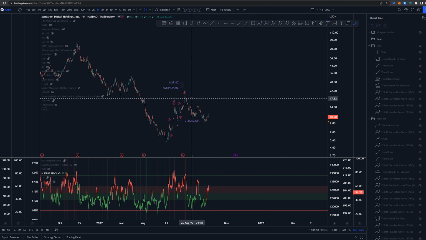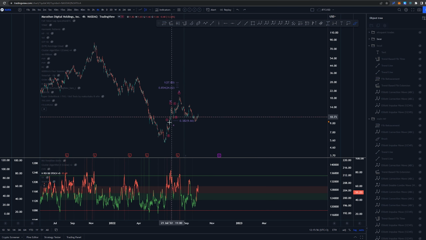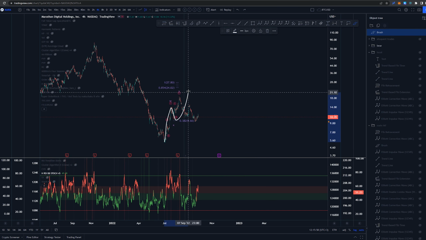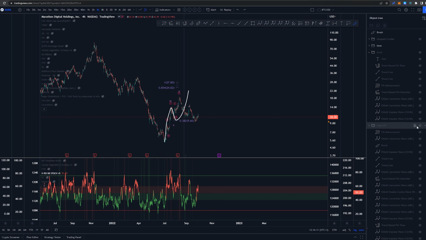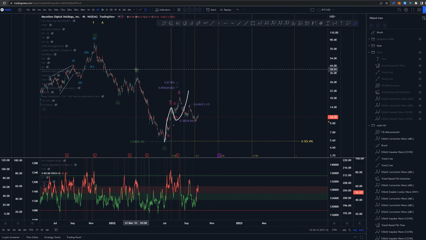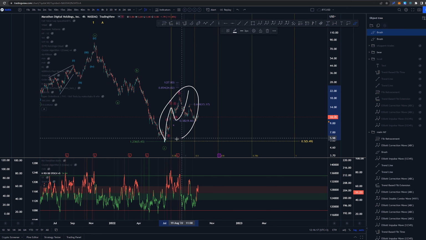If this had already taken enough time to pass this 1-to-1, then we could already be saying that this structure, if it was turning out like that, had enough time to be basically part of a larger degree than this one. And as this was a part of this minute ABC, this would be part of a minor ABC at least as well.